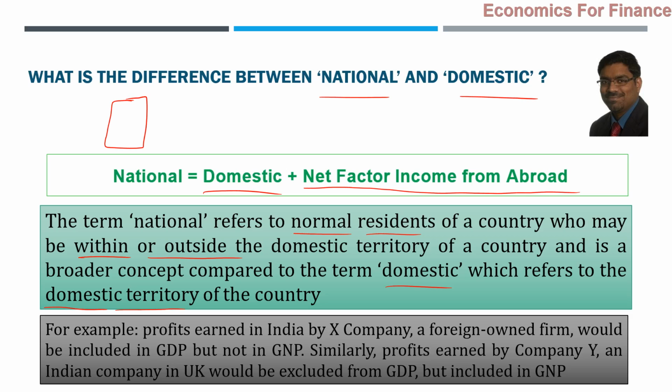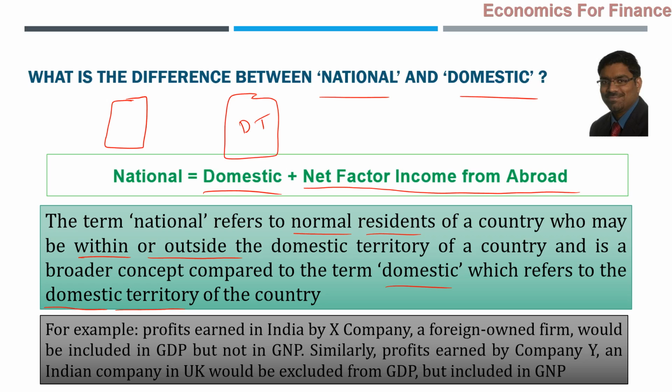We are talking about the people of a country, Indians let us say, and Indian companies. Whatever they are earning within or outside the domestic territory of a country is called gross national product. Domestic means whatever production happens within the boundaries of India, the domestic territory of India. That is GDP.